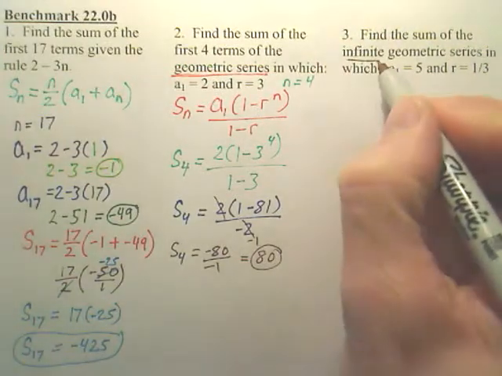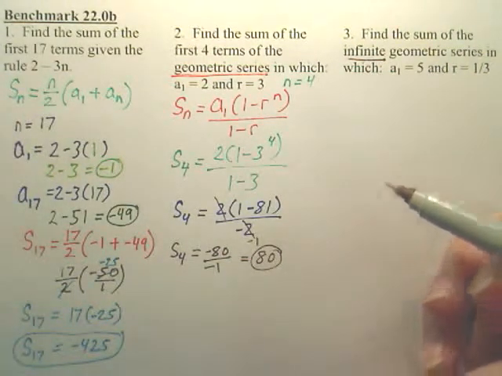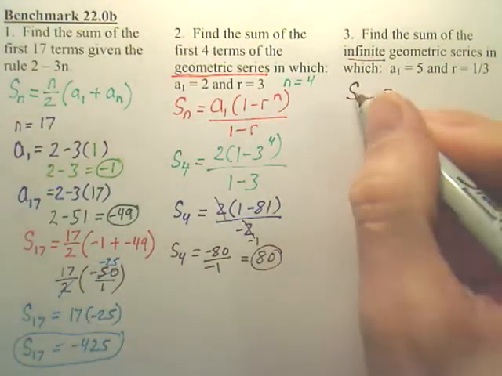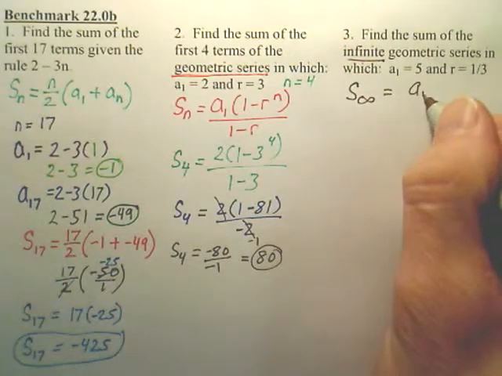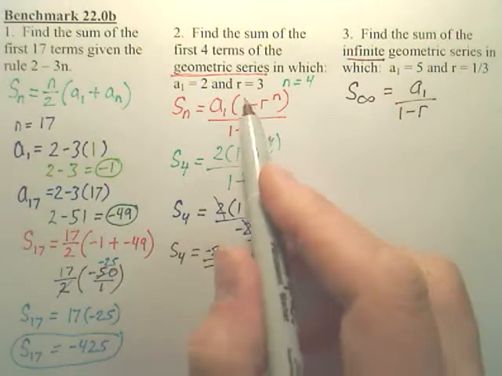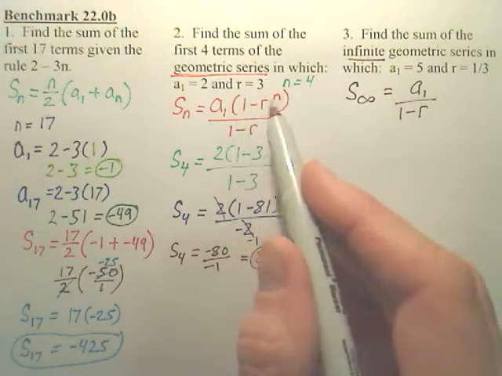The last one is an infinite geometric series. The formula is as follows. S infinity is simply A1 over 1 minus R. Look at this formula. Basically the same thing, it's just this right here became 1 and disappeared.